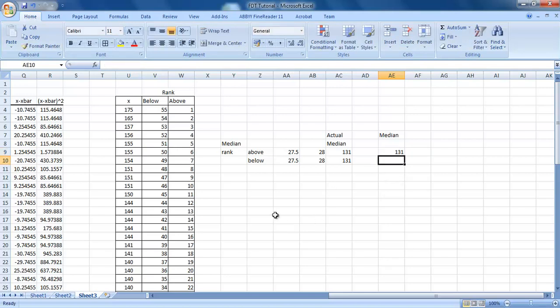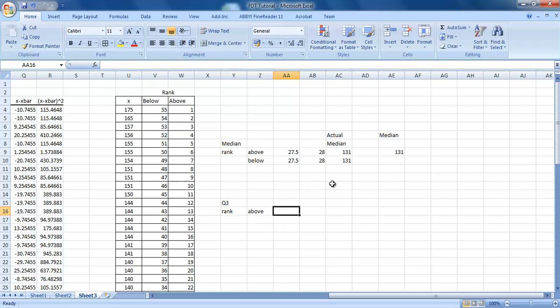Now, you can also get, for example, the third quartile. So let us calculate the third quartile. What is the rank or position of the third quartile from above?